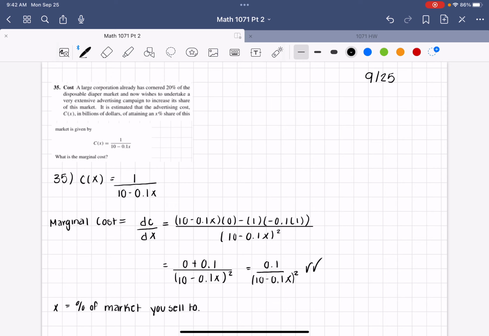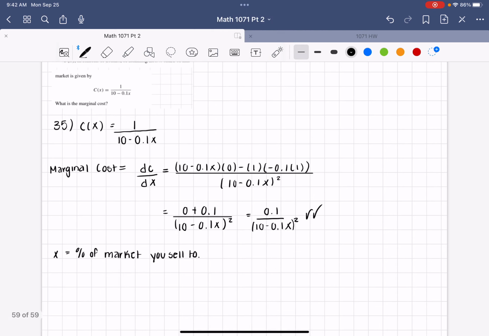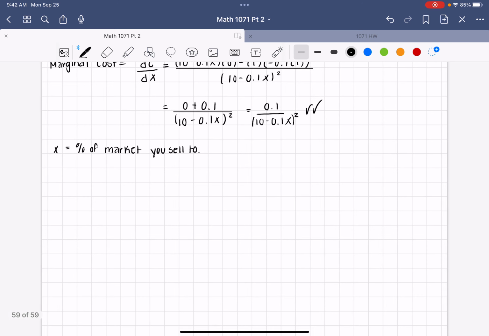You want to capture as much of the market as is profitable to you.